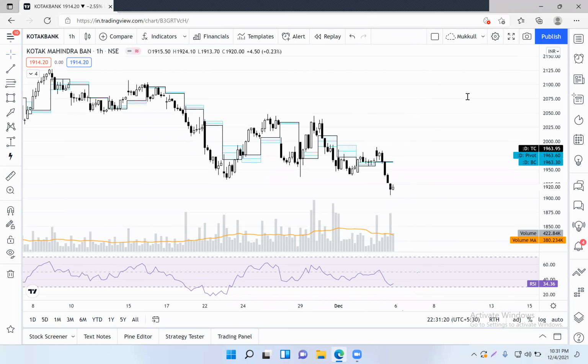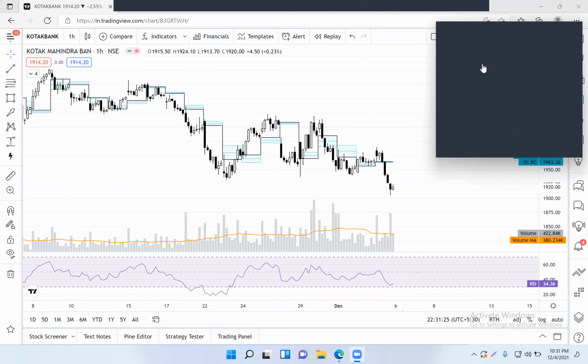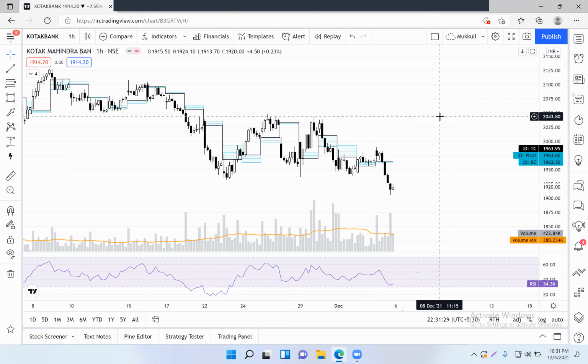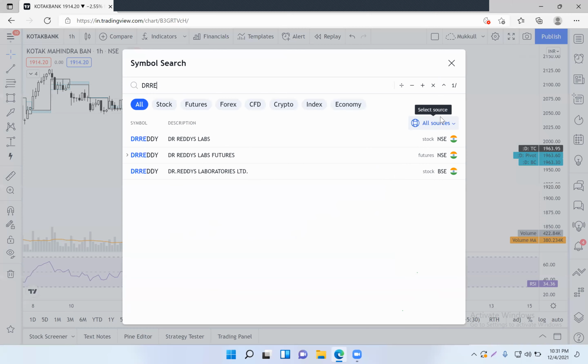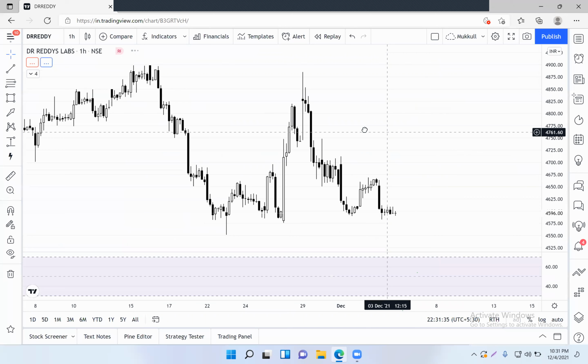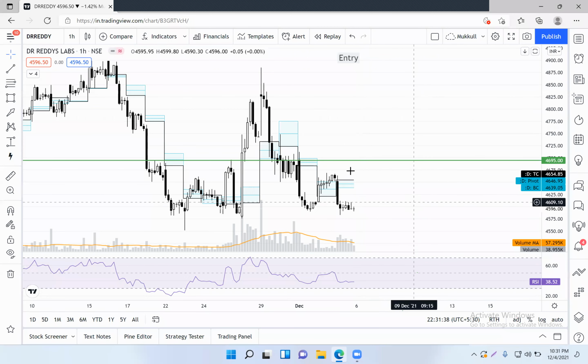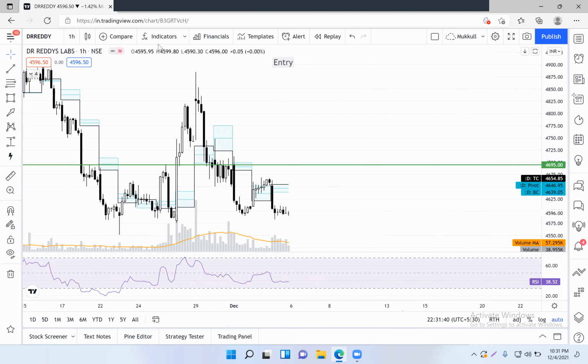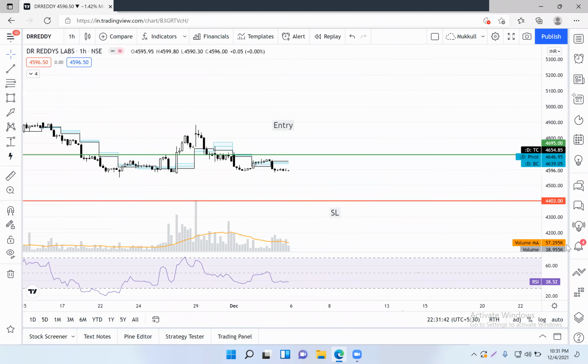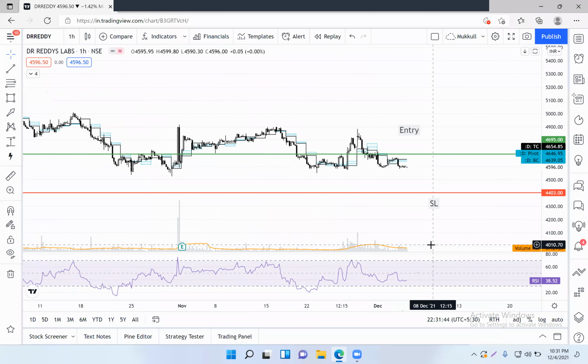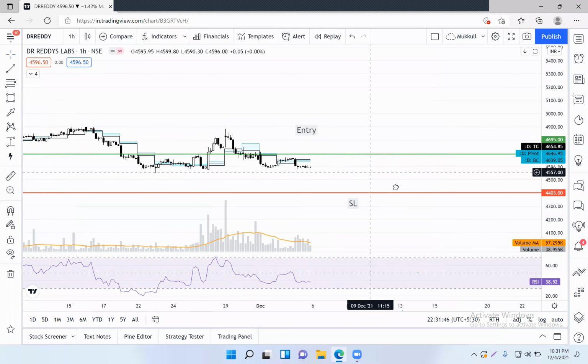We saw Kotak, Dr. Reddy, and Naukri. Okay, these two are left. Dr. Reddy. Okay, so this is something like my positional trade.